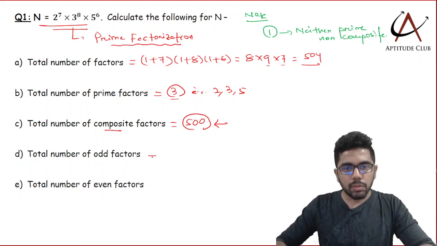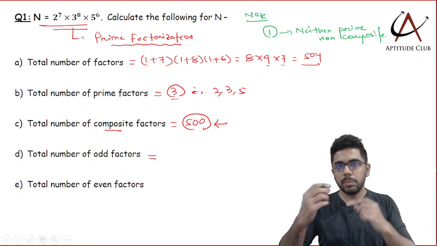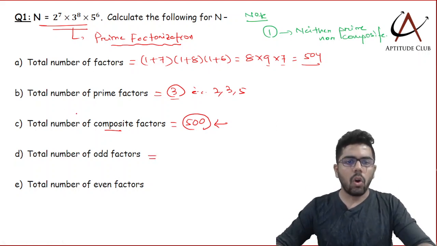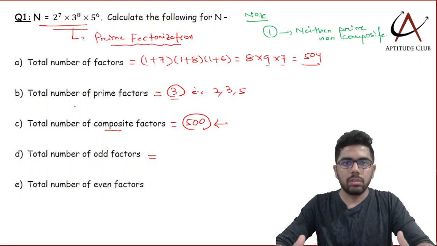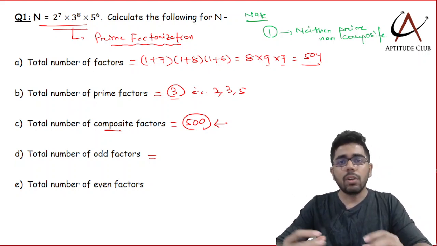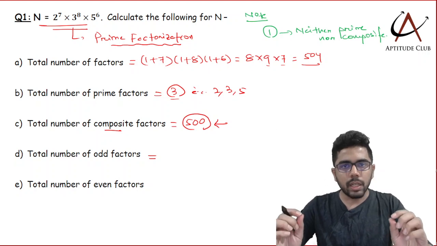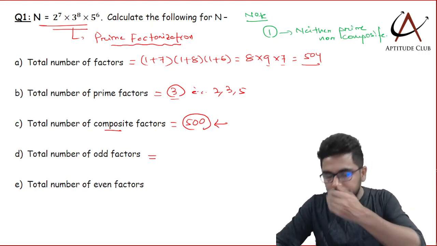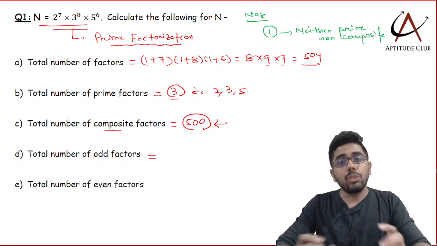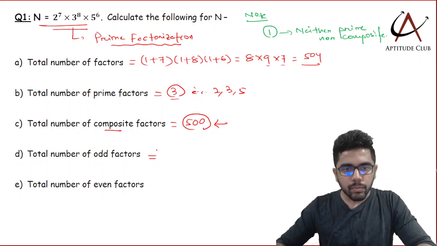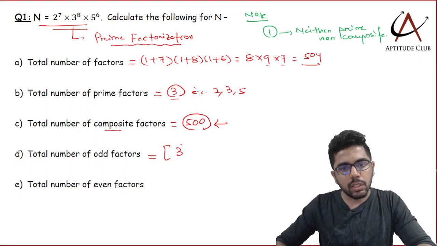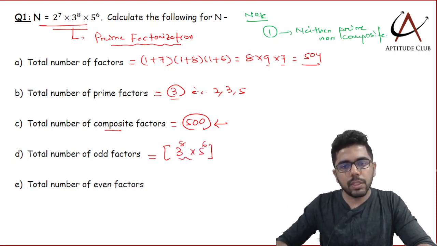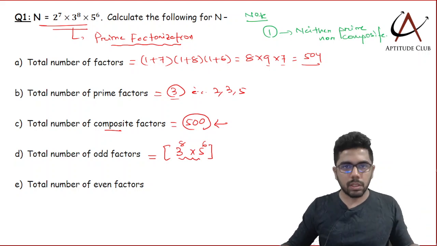Then comes total number of odd factors. अब formula तो पता है, but अभी देखो कैसे apply हो रहा है. Odd factors. Now when is a number odd? Odd means I cannot have a 2 anyway. 2 अगर एक भी आ जाता है, that will make the factors even. So if I want to create odd factors, I'll only make odd factors taking odd prime numbers. तो 3 to the power 8 and 5 to the power 6 को combine करके मैं odd factors.